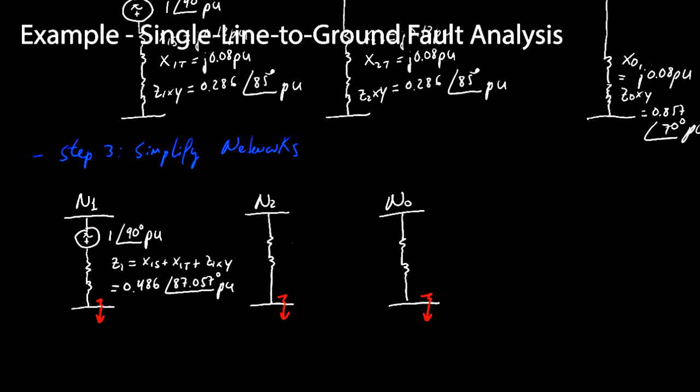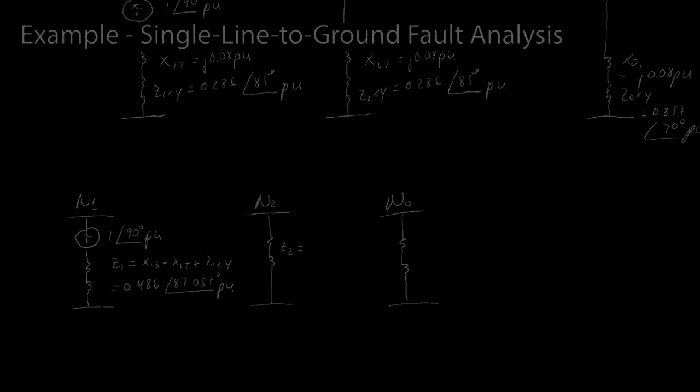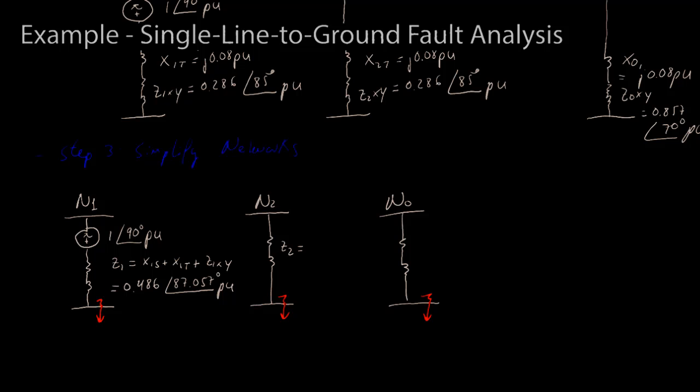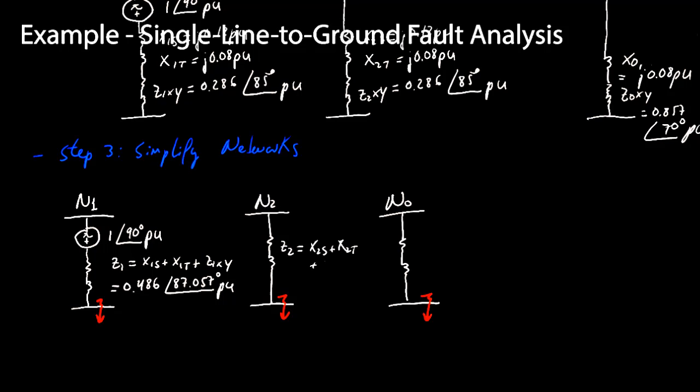Same thing over here for the negative sequence network. I'm going to have Z2, which is going to be equal to X2S plus X2T plus Z2XY, and that's going to be the same number. So 0.486 at an angle of 87.057 degrees.